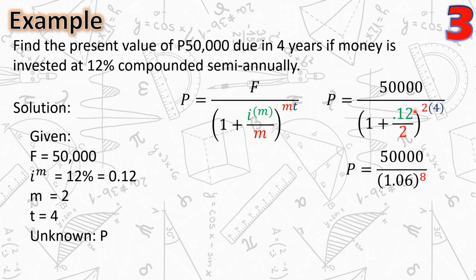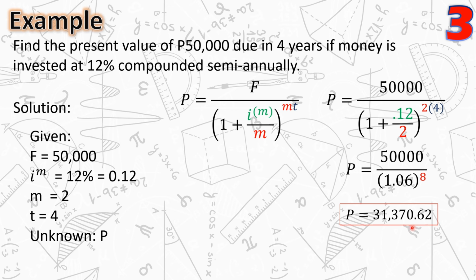Solving for the value inside the parentheses in the denominator, 0.12 divided by 2 is 0.06 plus 1, that will be 1.06. In the exponent, 2 times 4, that will be 8. And then we can solve this using our calculator. 50,000 divided by 1.06 raised to 8. And we will get P is equal to 31,370 pesos and 62 centavos.